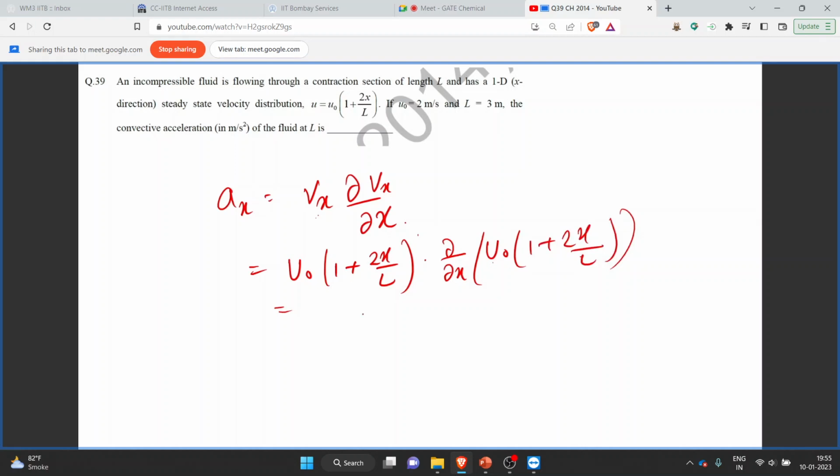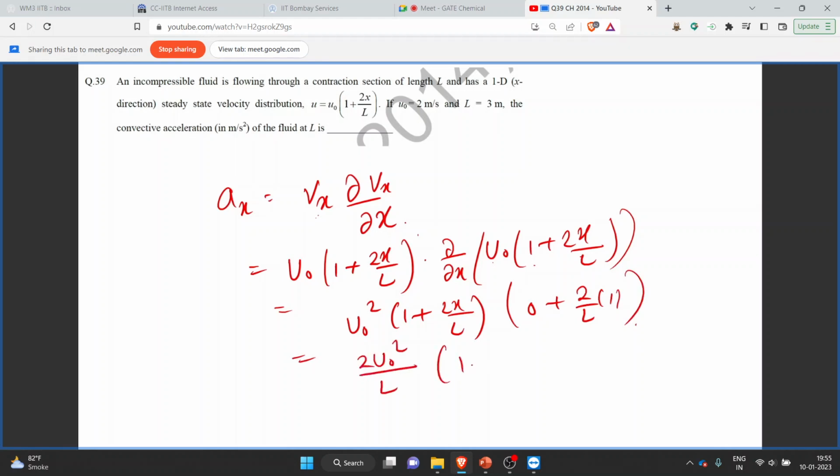We can take u naught common, so it will become u naught square (1 plus 2x upon L), and this derivative will become 0 plus 2 by L into 1. So this is 2 u naught square upon L into (1 plus 2x upon L), which is equal to ax.